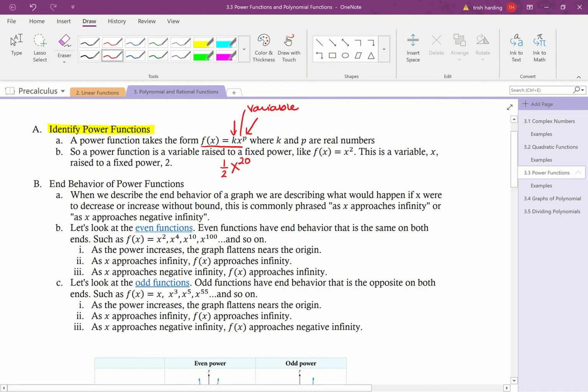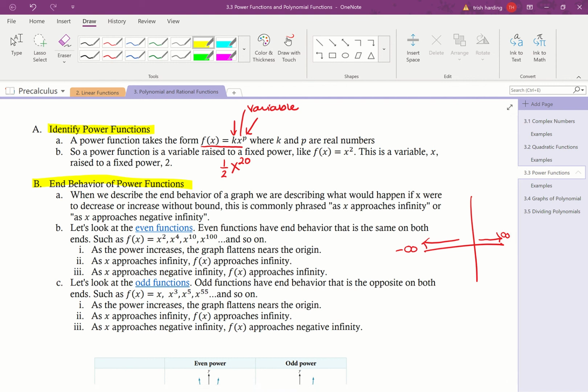the power functions. So the end behavior of power functions. When we are going to describe the end behavior of a graph, we're going to talk about what happens as these values go to their extremes. And that's just the x values.